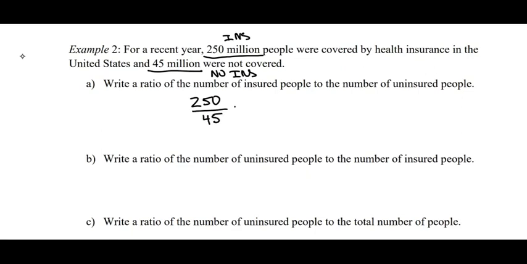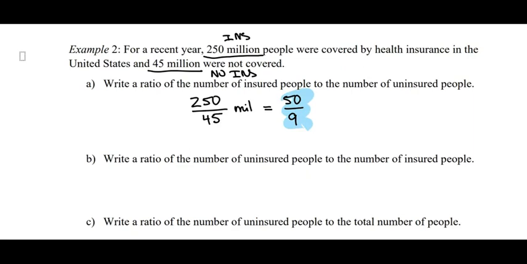All of this is in millions, so let's reduce that. 250 to 45: 5 goes into 250 and 5 goes into 45, so 50 here and 9 here. 50 to 9.